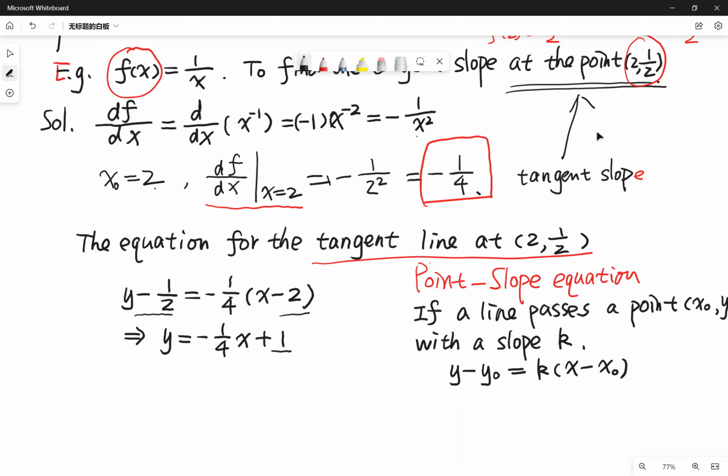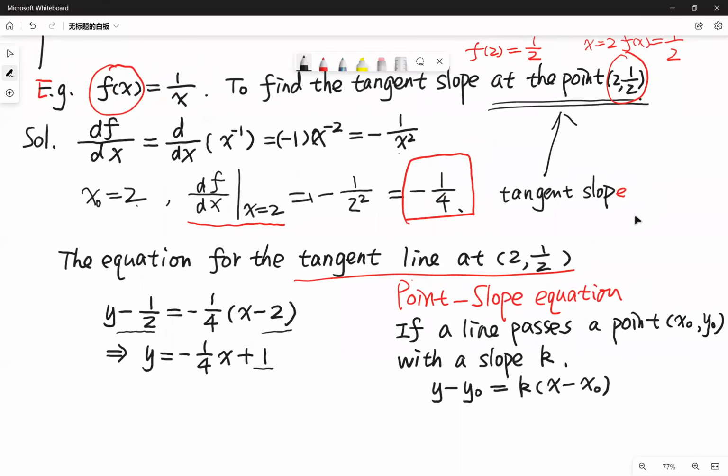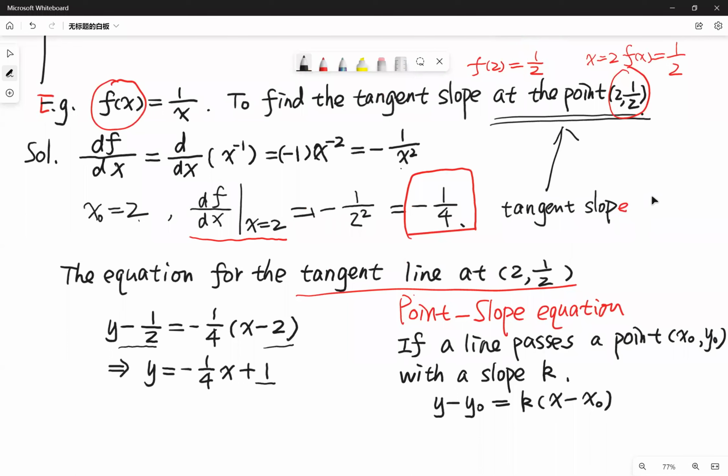Then this is the equation for the tangent line we want to know. And you can see in this example, this is the geometric meaning of the derivative, the tangent slope at the point. And then we finished this example.